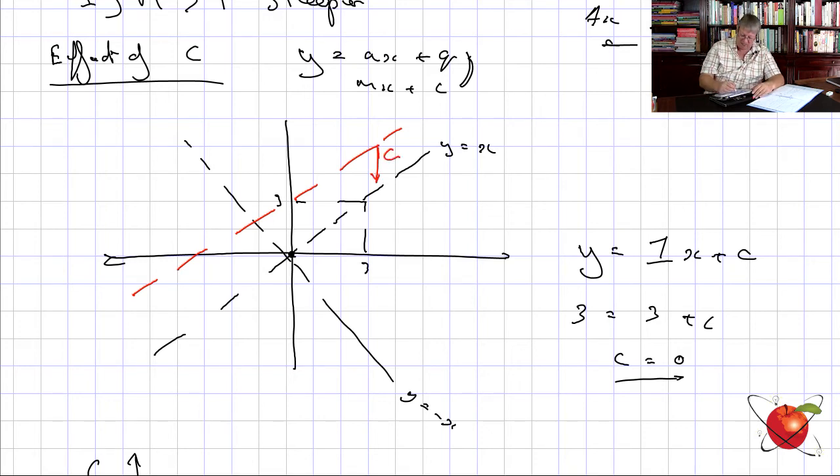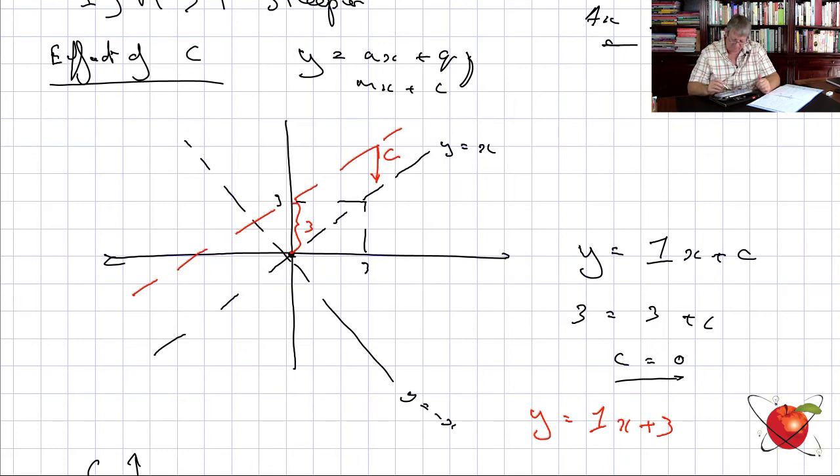So we would say, oh, hang on, it was 0. Now it cuts at 3. So that's y is equal to 1x plus 3. So the effect of the c value is to move the graph up, essentially. That's what it's doing, right? We're moving the graph up.